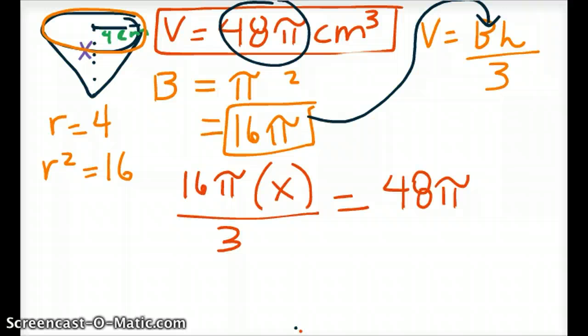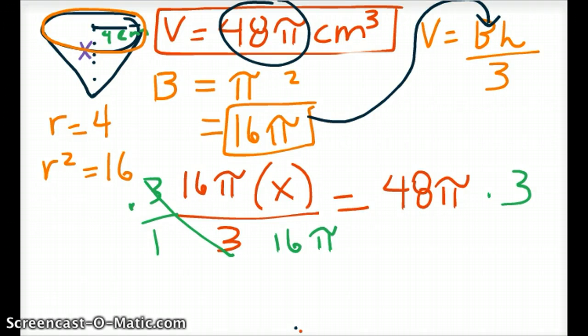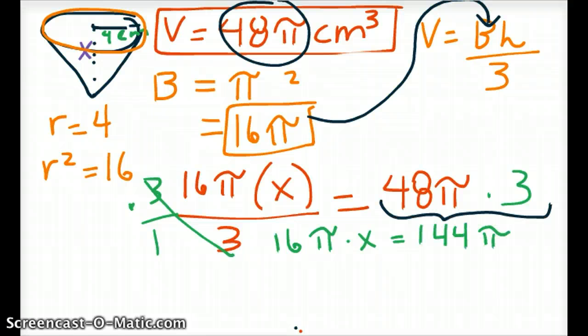Now what I want to do is solve for x. So the first thing I want to do is multiply each side by 3. That cancels out the 3, and then I no longer have a fraction. So I have 16 pi times x is 144 pi, which is 48 times 3 times pi. And now I'm solving for x, so I want to get rid of the 16 pi.